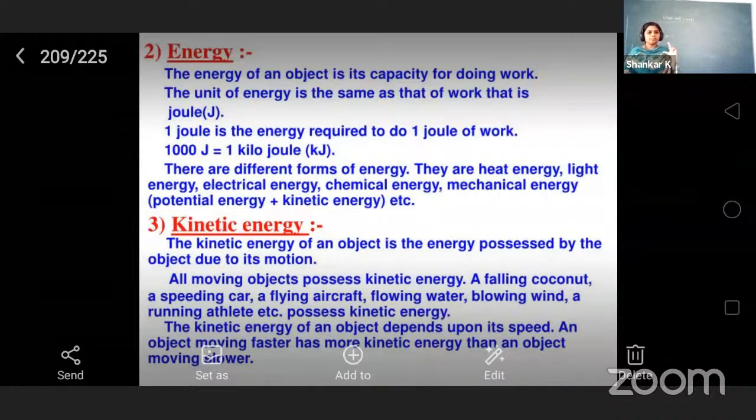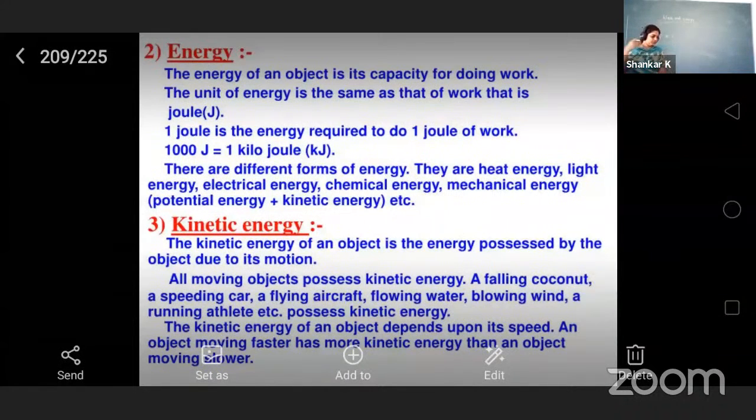Here, power and energy. If you want to play cricket, we need energy to play that, right?